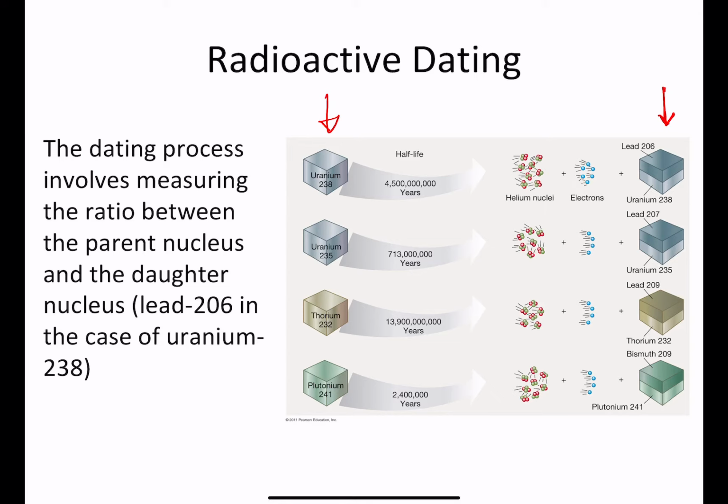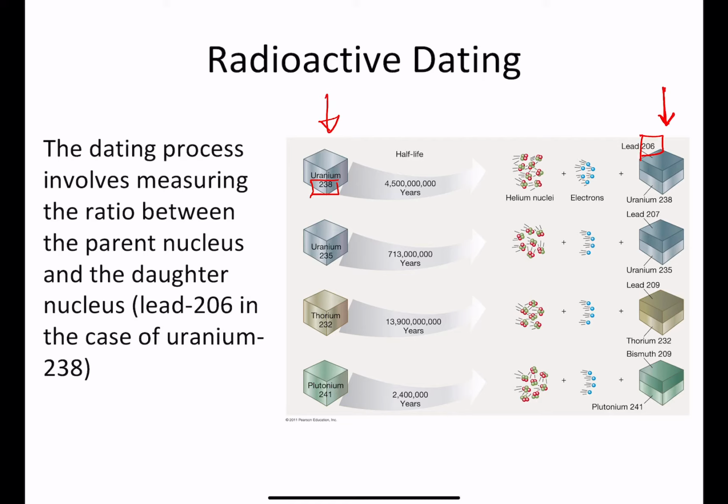That is the result of the transformation, and it's not just one transformation that happens, so it's not just one alpha particle that it shoots off. There's a series of transformations, and ultimately it turns into lead, which is a much lighter nucleus. You can see that the atomic mass of lead is only 206, whereas the atomic mass of uranium was 238.